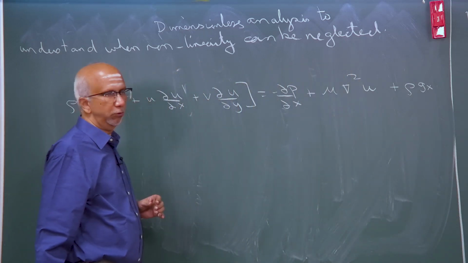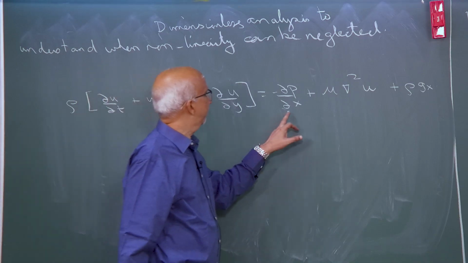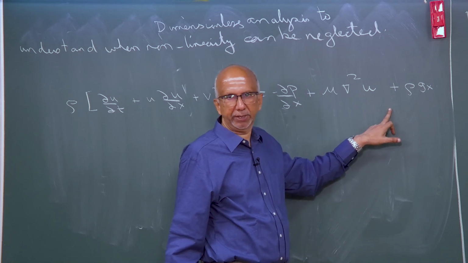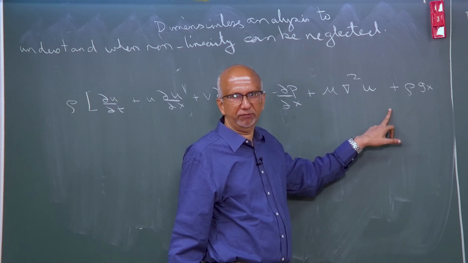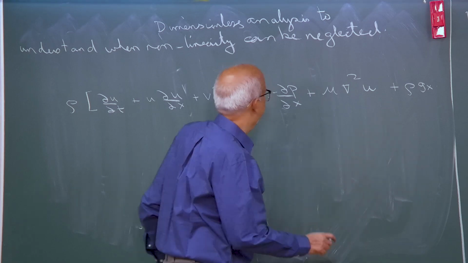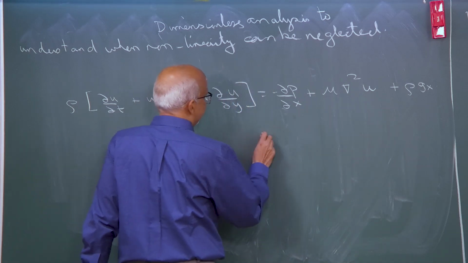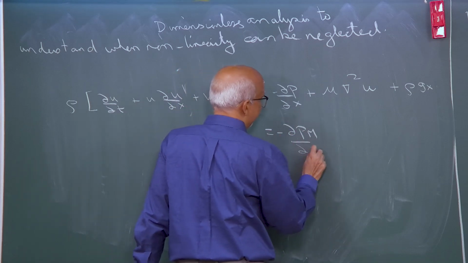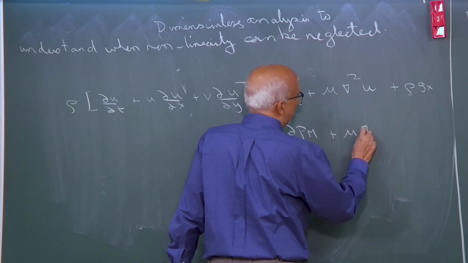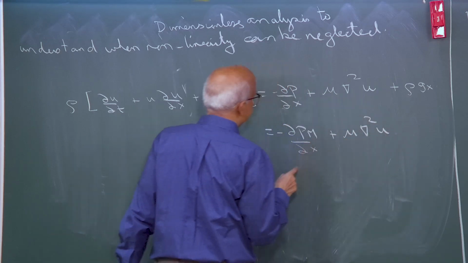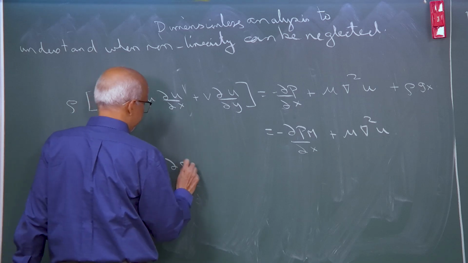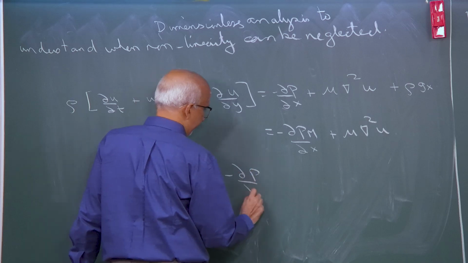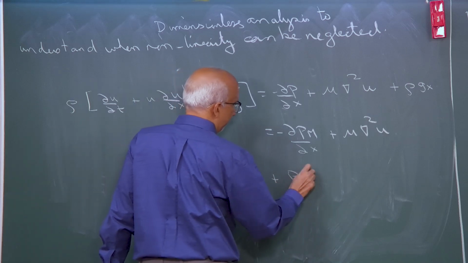Now what we can do is we can combine the pressure term and the gravitational term into one term and call it a modified pressure term. For example, if I define this as minus dpm by dx plus mu del square u, then minus dpm by dx equals minus dp by dx plus rho gx.